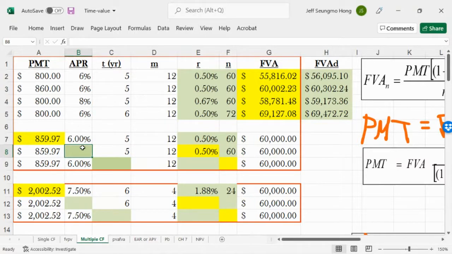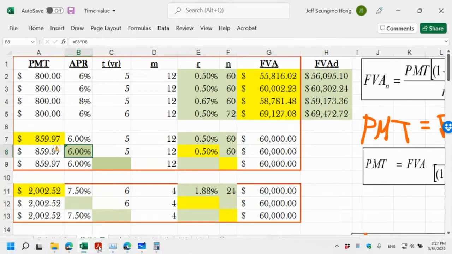So we need to convert this into annual, which is not difficult. We simply multiply that by this, and we get 6%. Okay, voila.